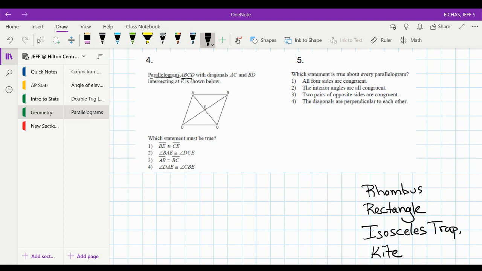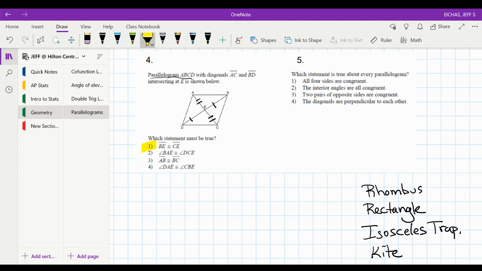So if we have a parallelogram and they want to talk about the diagonals here, BE and CE being congruent is not necessary for a parallelogram. So what has to happen is BE should be the same as ED, and EC should be the same as AE. This is not necessary, though. Okay, so number 1 is not necessary.